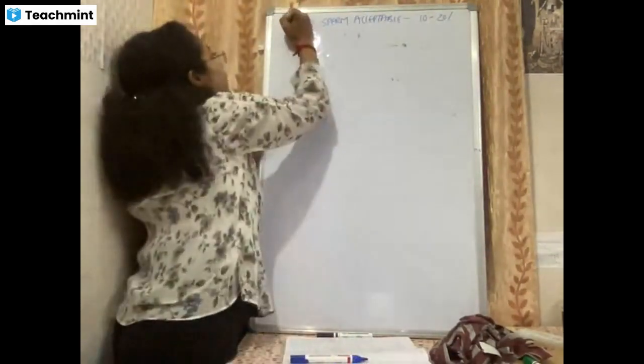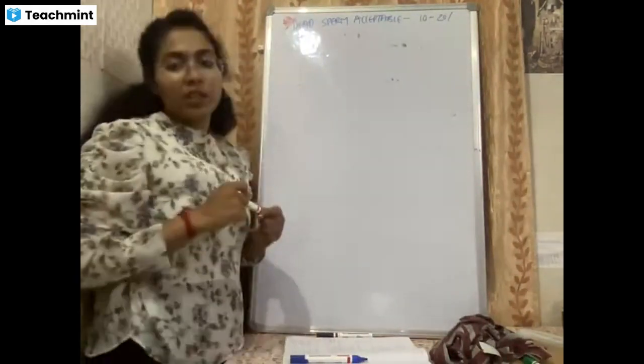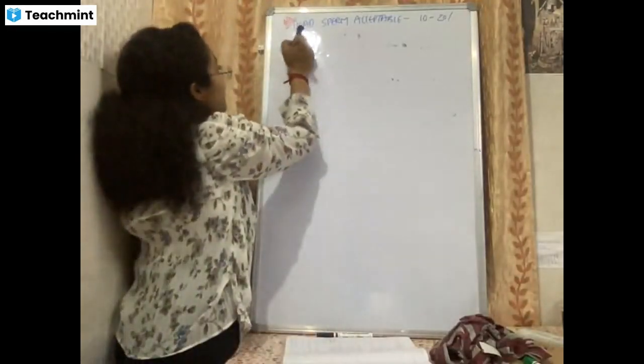This question is somewhere asked. How much dead sperm are acceptable? 10 to 20%.